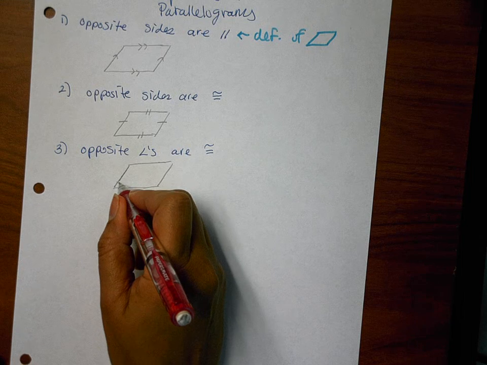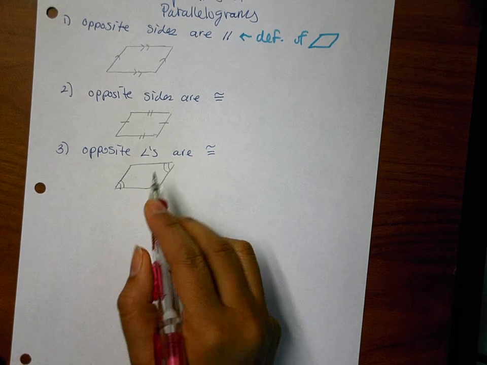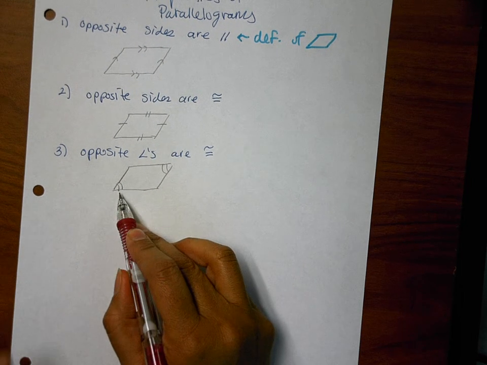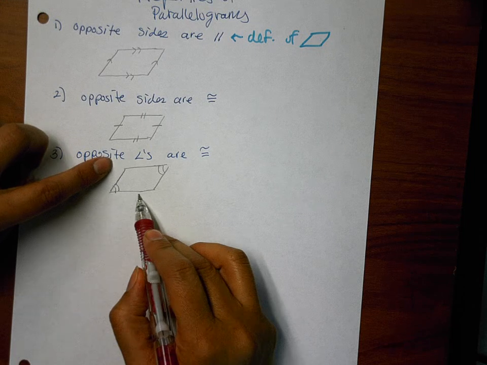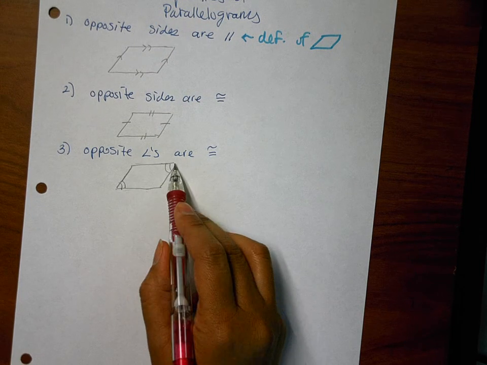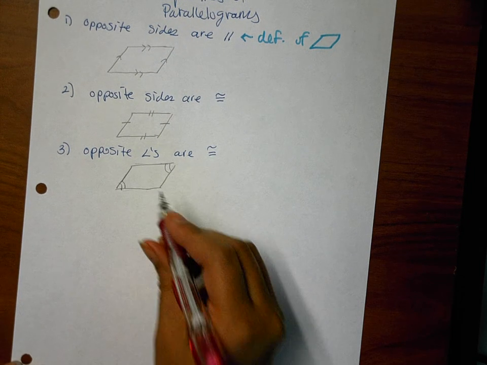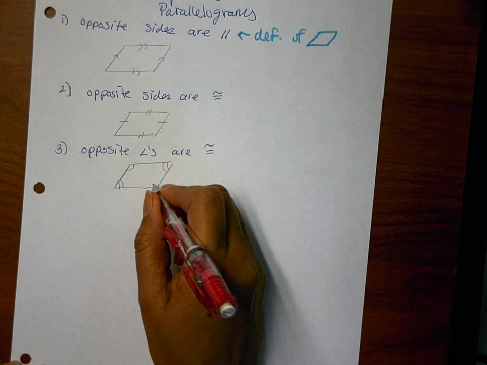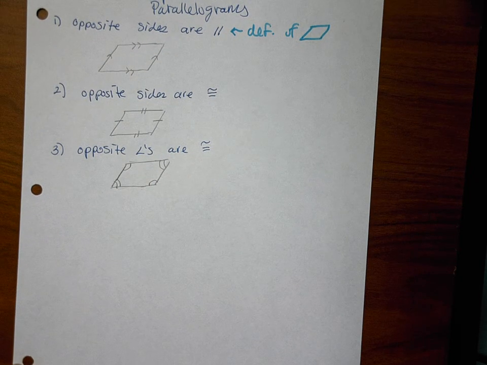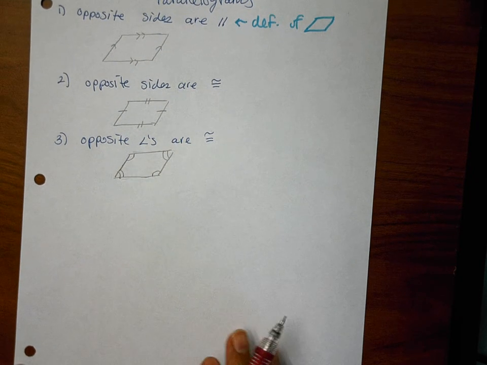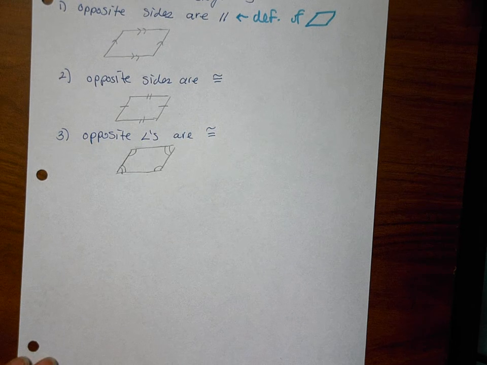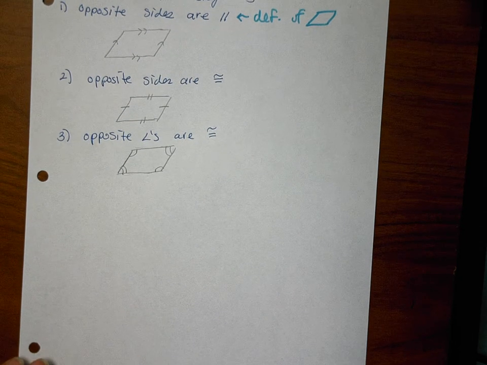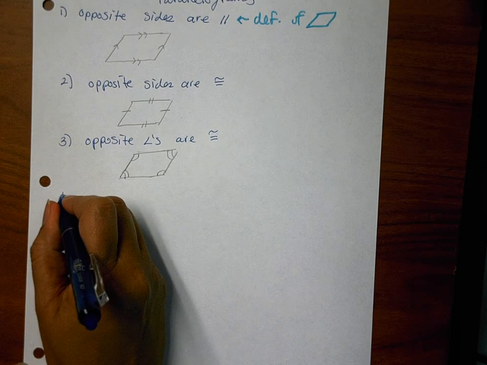So I would say that this angle is equal to its opposite angle. Do you see this angle has those 2 sides as an angle? This angle has those 2, but they do not share a side. This angle is congruent to its opposite angle. Okay, so opposite sides are congruent, opposite angles are congruent. This happens every time we have a parallelogram.